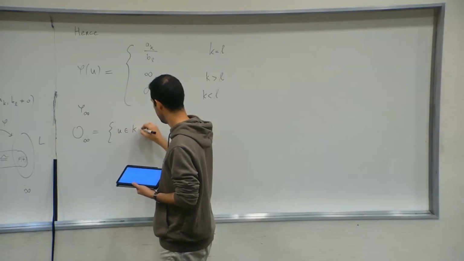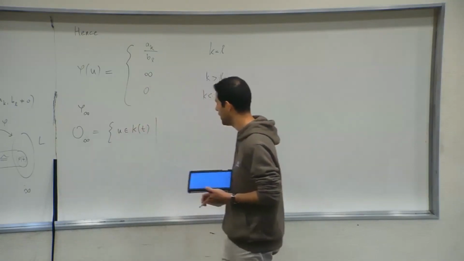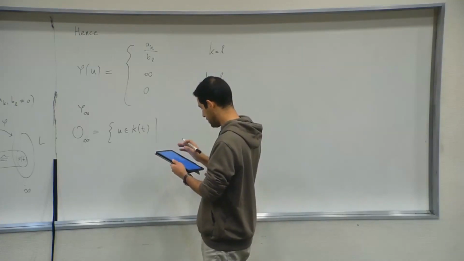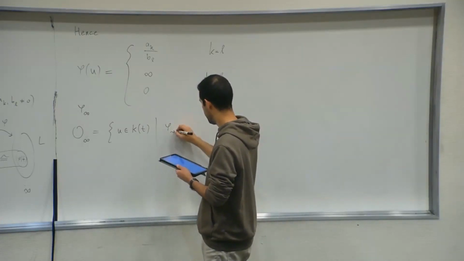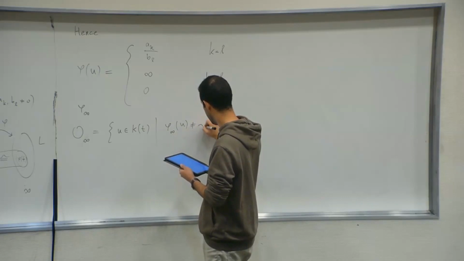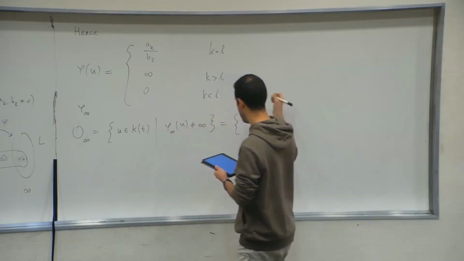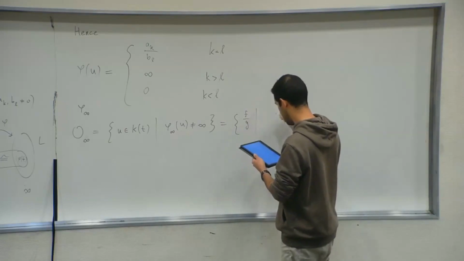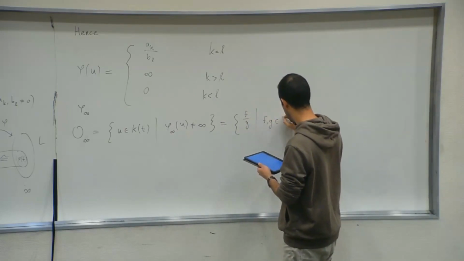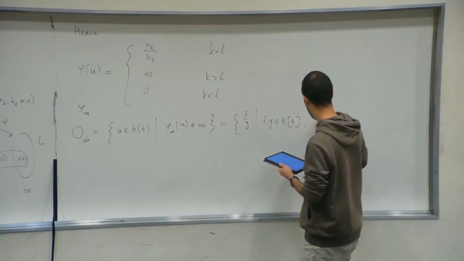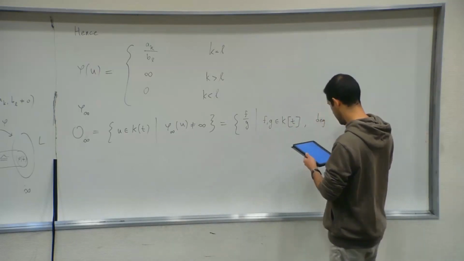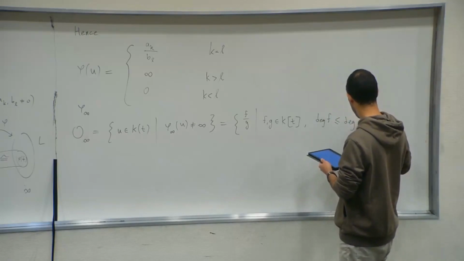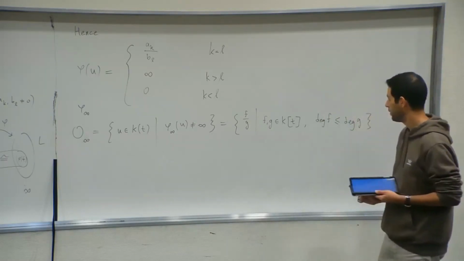All the elements in K(t), the rational functions F over G, such that phi infinity of them is not infinity, where F and G are polynomials.